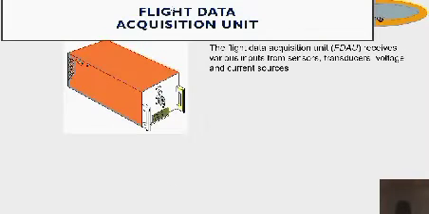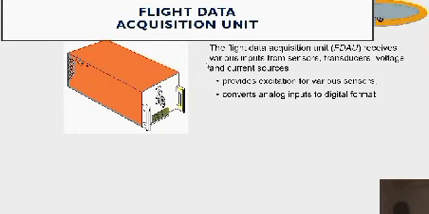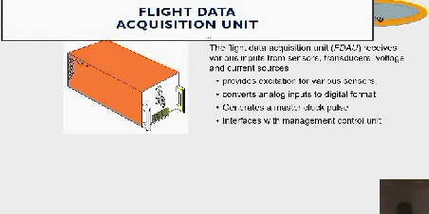Flight data acquisition unit. This receives various inputs from sensors, transducers, voltage, and current sources. It provides excitation for various sensors. It converts analog inputs to digital format. It generates a master clock pulse. It interfaces with the management control unit.